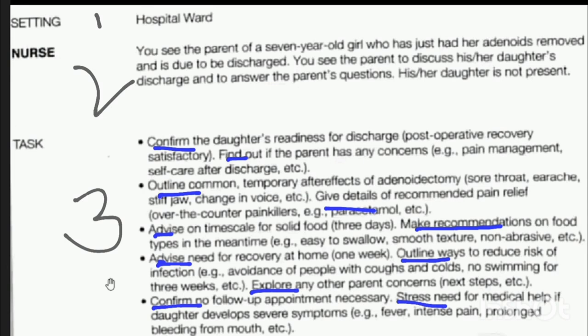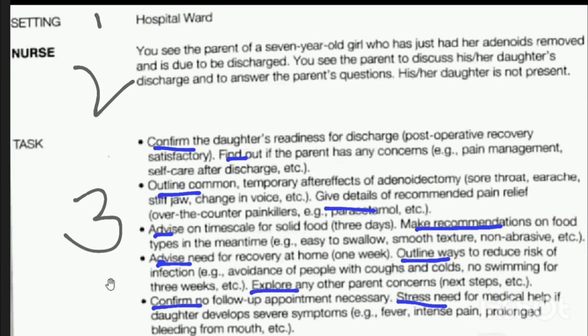Perhaps if she develops severe symptoms such as fever, intense pain, or prolonged bleeding from mouth, then immediately seek the medical help. The nurse has to stress this point as it is given in the task, stress need for the medical help if daughter develops severe symptoms. So like this we can construct this sentence.